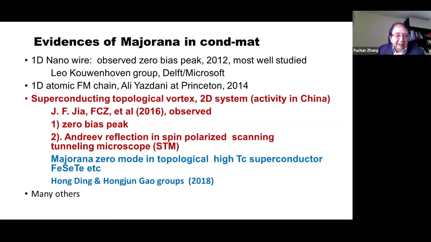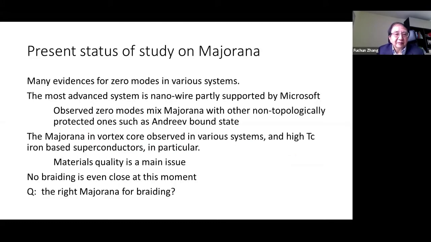And I'm sure there are many others, and some evidence is controversial, but here it's just an incomplete list. Before I discuss some detail, let me show you the present status of the study of Majorana.